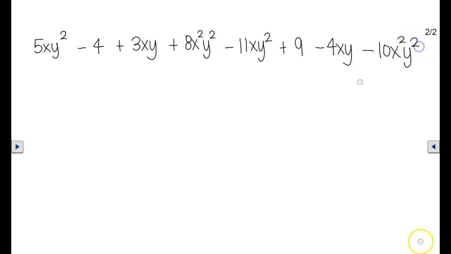And again, I think at that point, I've put as many terms in this problem as I can fit on this board, so I'm going to stop there.